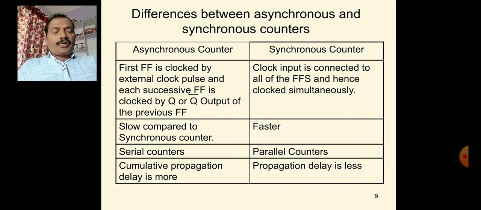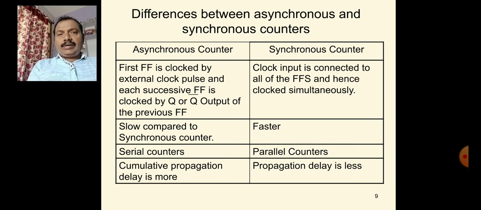This is an important point. Hence it is called asynchronous. Whereas in synchronous counter, the clock input is connected to all of the flip-flops and hence clocked simultaneously. That means clock is applied simultaneously to all the flip-flops.